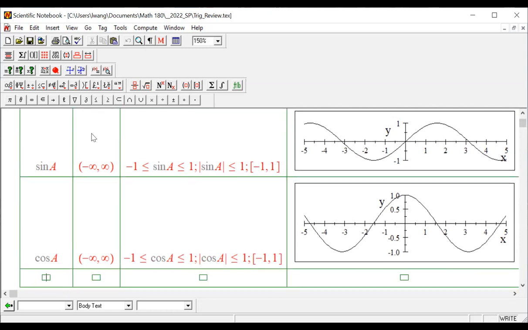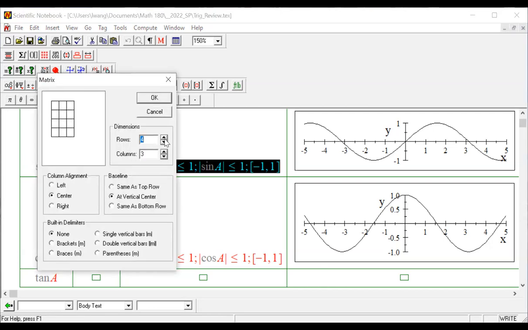How about tangent? Okay, tangent, you know what? I should make the three forms written differently. Okay, so that will look better and take less space. All right, so I'm going to do this: 3 rows, 1 column. Let's see if that will work.